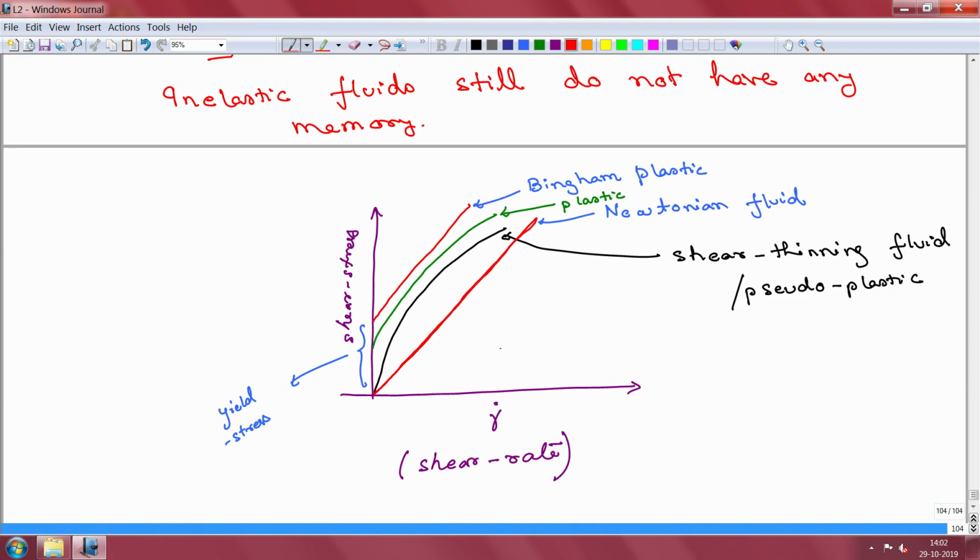So, you can guess that there will be something on this side as well, and that is the equivalent of that, maybe I will use a black one again, would be a material like this, and this is a dilatant without yield, or a shear thickening fluid.